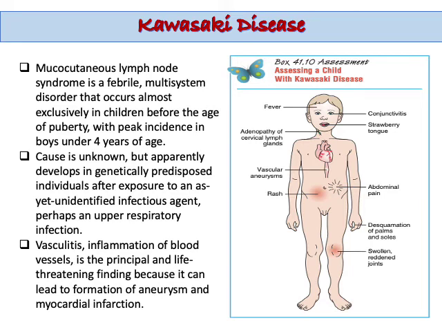What happens next? The inflammation is the vasculitis. It's the inflammation of the blood vessels. It is the principal and life-threatening finding because it can lead to formation of aneurysms and myocardial infarction. Box 41.10 shows the assessment findings in a child with Kawasaki disease.